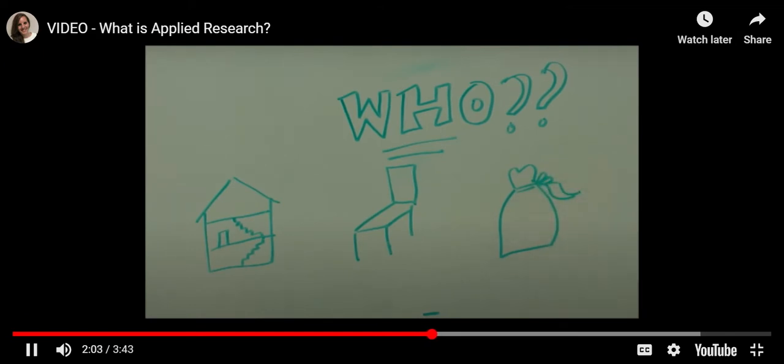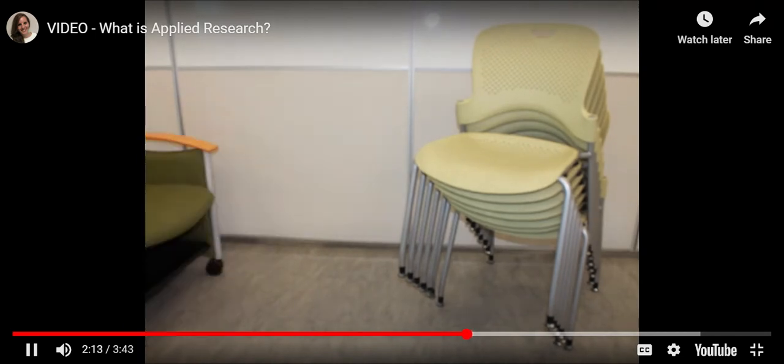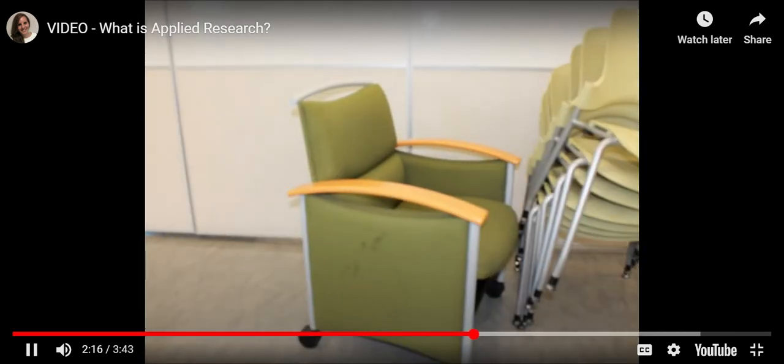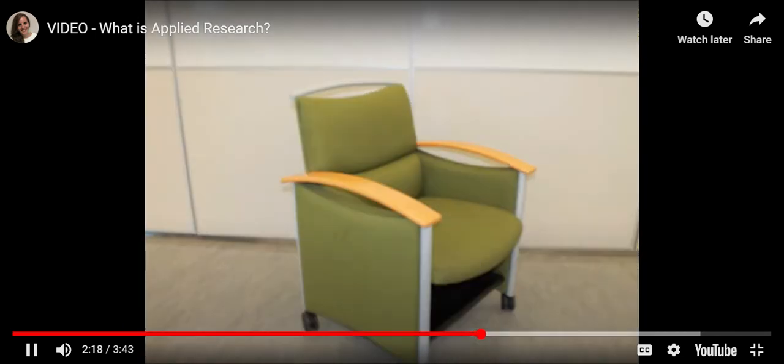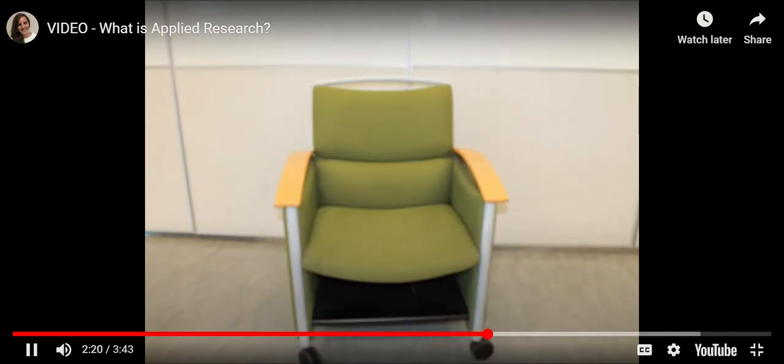For example, a chair designer needs to know about previous studies and chair models. They need to conduct research on what worked, what didn't work, and what should be considered for the future of chair design. When all data and information is gathered, they need to apply that new knowledge to create a perfectly comfortable and ergonomic chair design.